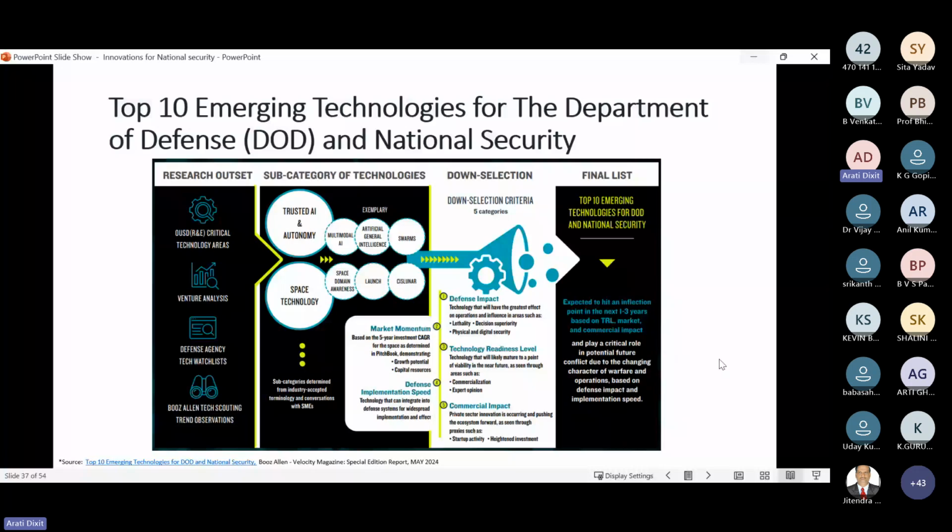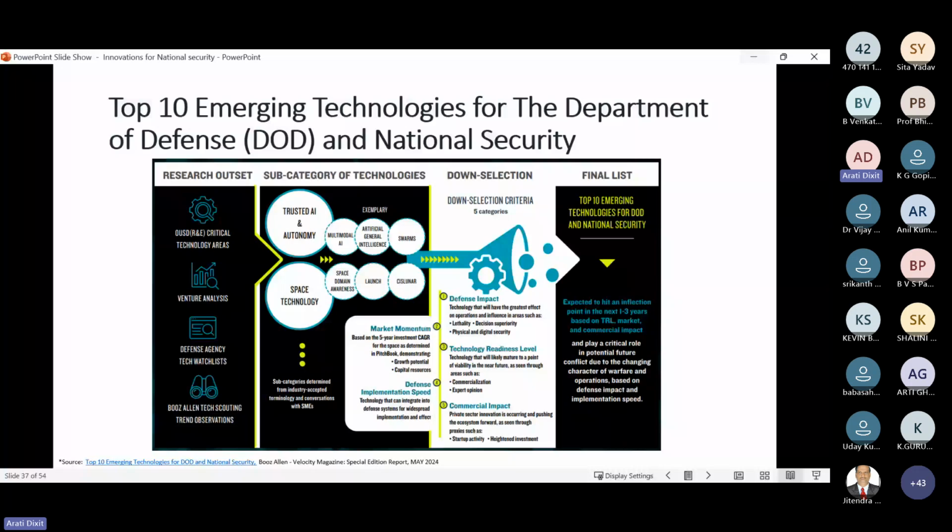What they try to do is they take into account the critical technology areas proposed by different R&D centers, different defense labs, different organizations and agencies that we have around, and they study those different areas, and then come up with the top 10 categories of technologies that are of prime importance for a particular year.